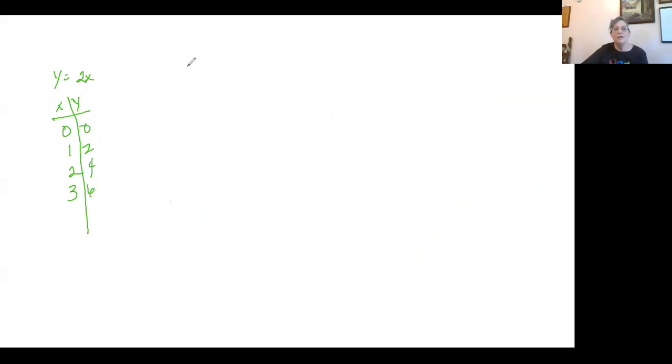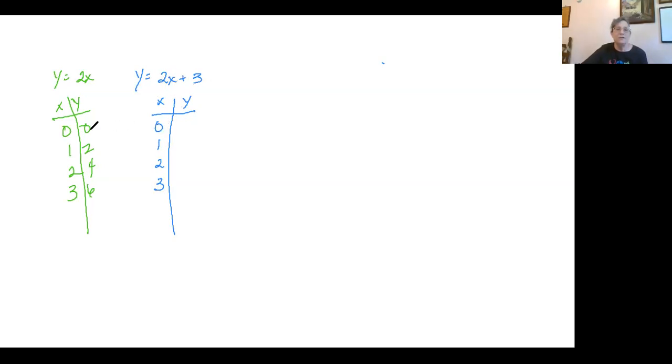What if we compare that to y equals 2x plus 3? In which case, for every x value, we take the 2x, which would be these numbers, and then we literally add 3.